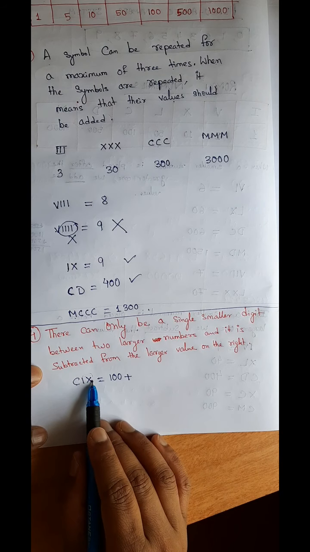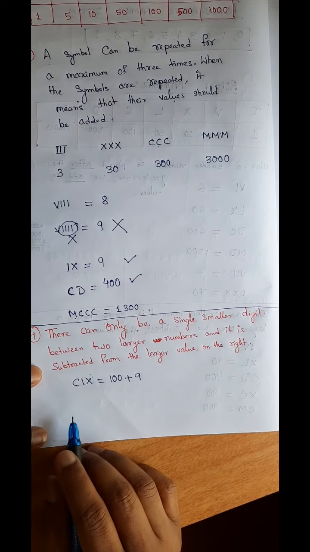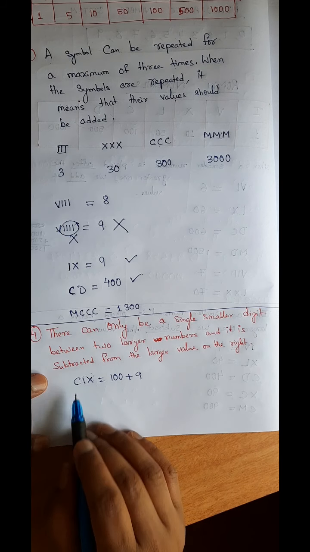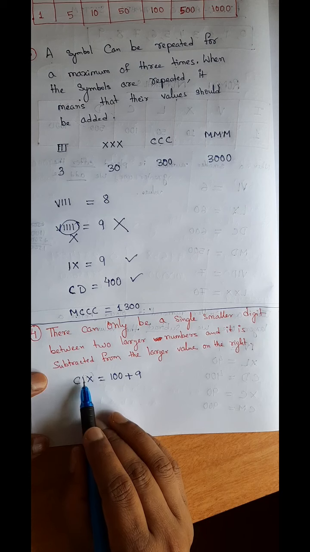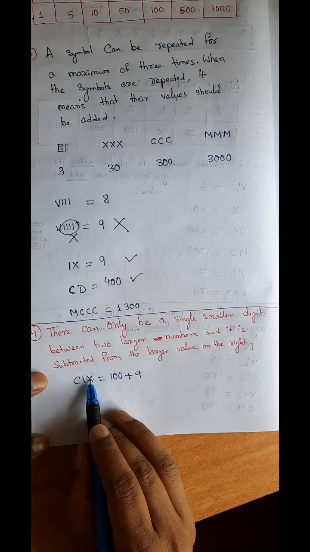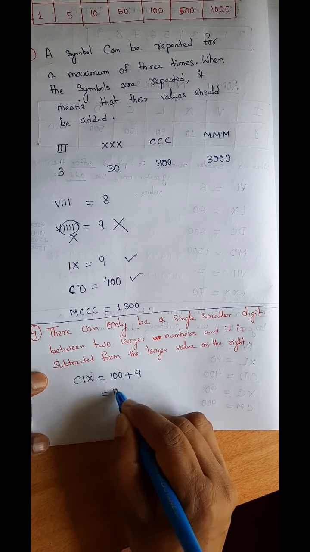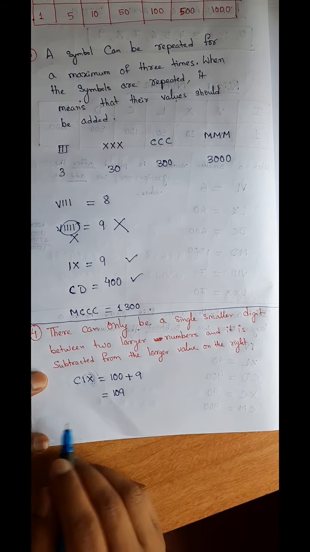See nicely, IX means 9, 10 minus 1, it's 9. It's not 101, you will not do 100 plus 1. If a smaller lies between two larger, the smaller will get subtracted from the larger on the right. So 10 minus 1, 9. So this number is 109.